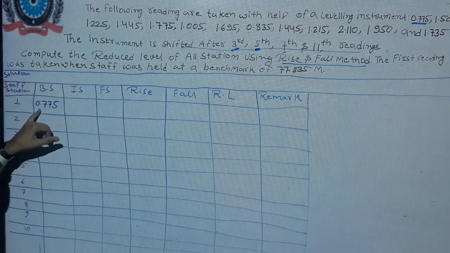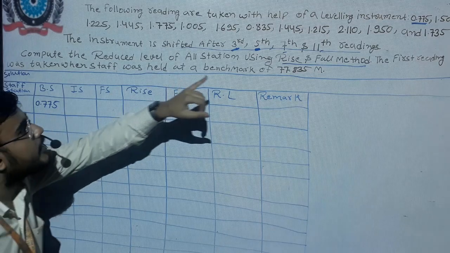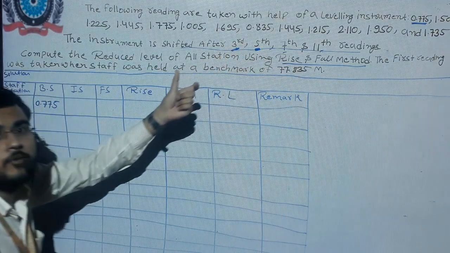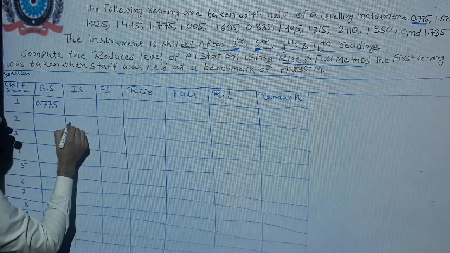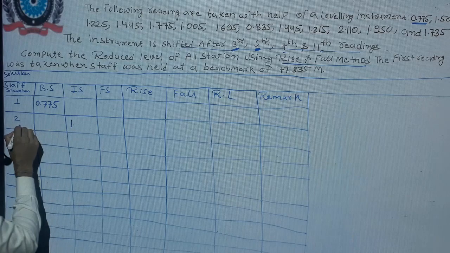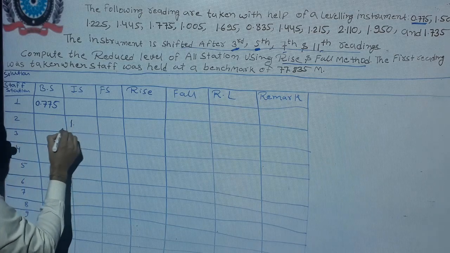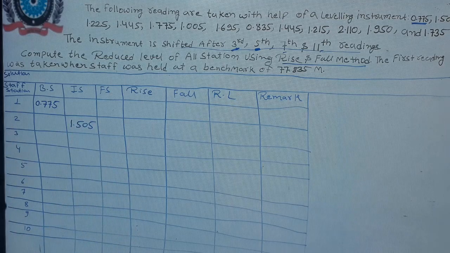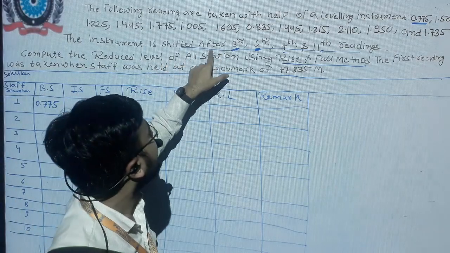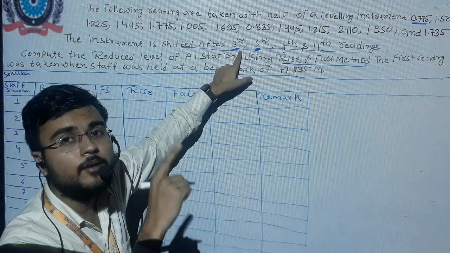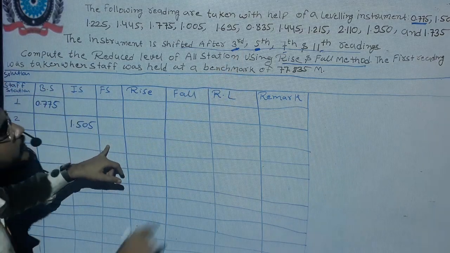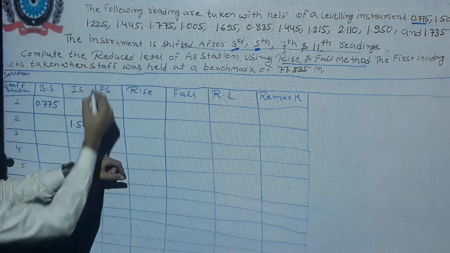So the first reading is backsight. The second reading, 1.505, because there is no description about it, will be an intersight, at the second point because the staff has changed. Now for the third staff, because in the question the instrument is shifted after the third reading, the third reading will be a foresight, which is 1.225.